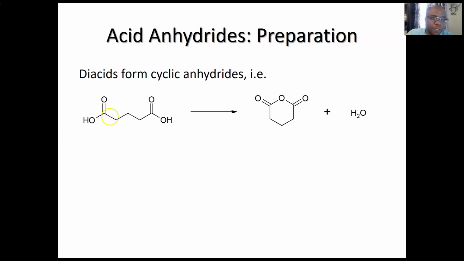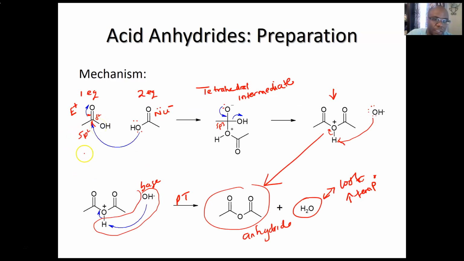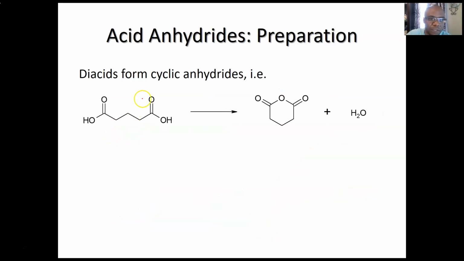Alright, so what if the two carboxylic acids, which you see here are separate, are on the same ring, on the same structure? It's the same process. 1, 2, 3, 4, and 5. So you're going to make a 6-membered ring with 5 carbons on it.